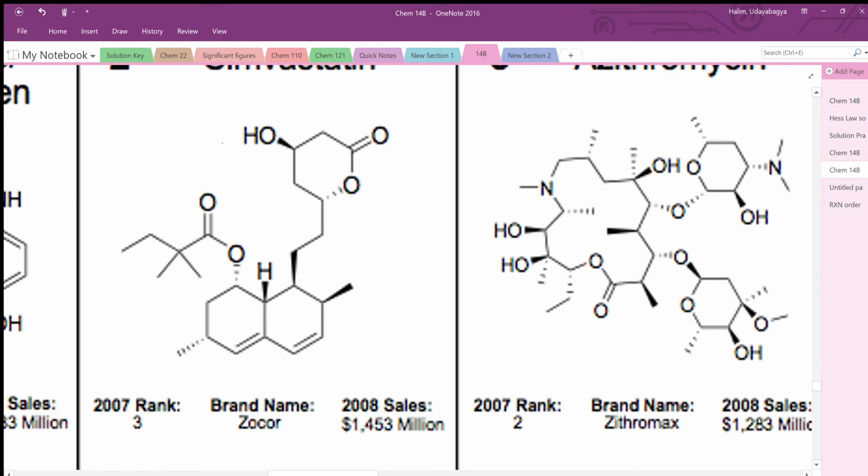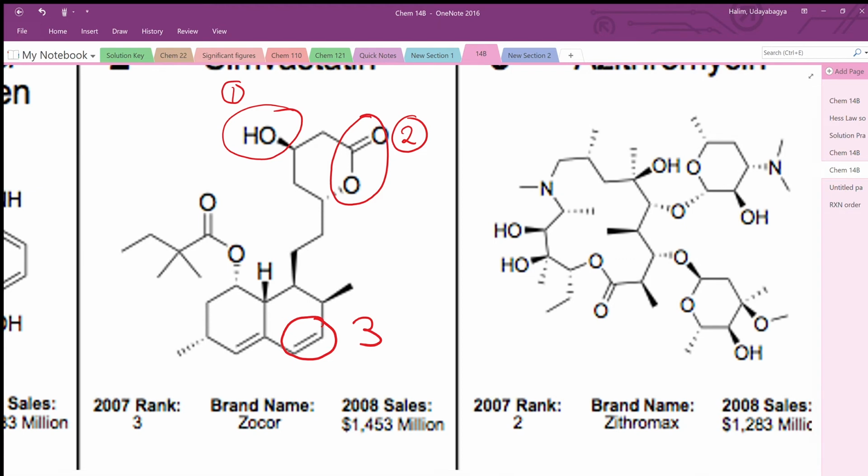Try not to look at your list, because if you look at your list, then you're just matching one to the other. So what is the functional group in 1, 2, and 3? Just write it down on the board and show it up to me.